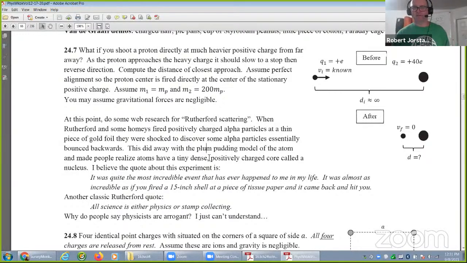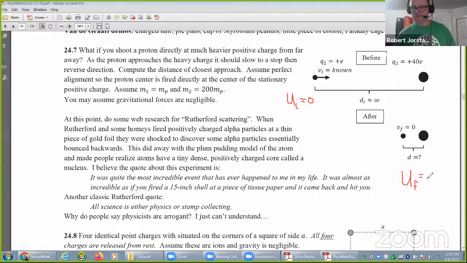Imagine you have a proton that is initially moving, and then it's going to come close to basically a nucleus or something. You could have U initial approximately equal to 0 when these two charges are far apart. And U final would be something non-zero.